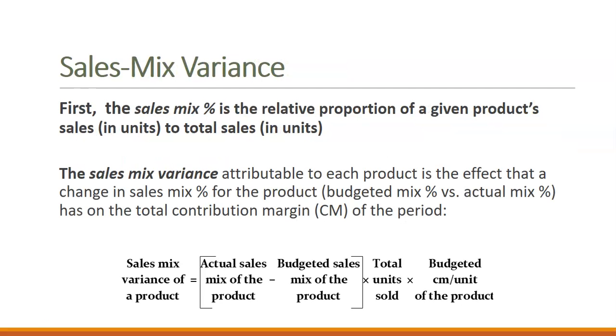So when we're looking at the actual sales mix variance, the sales mix relationship, when we've looked at that in other chapters, our sales mix variance is attributed to changes in our actual sales mix. So our budgeted mix versus our actual mix and what that does to the contribution margin.